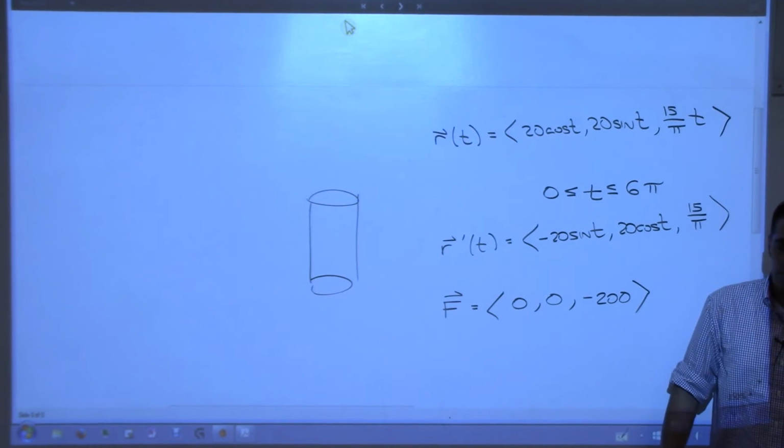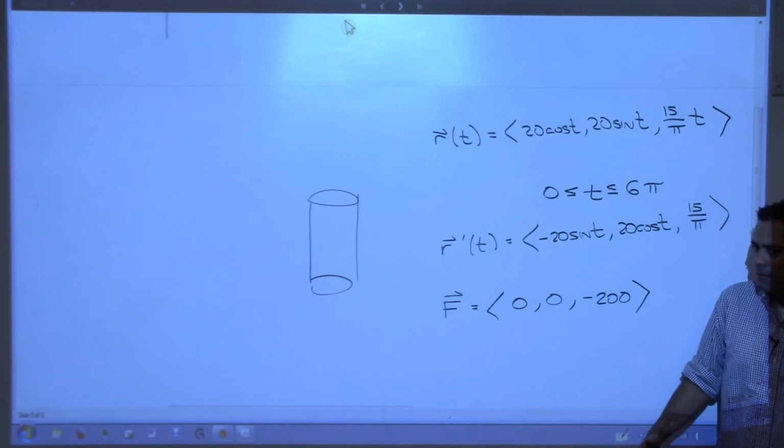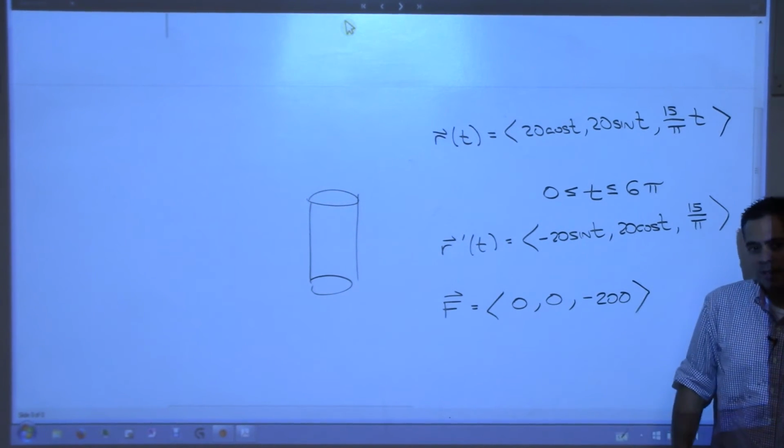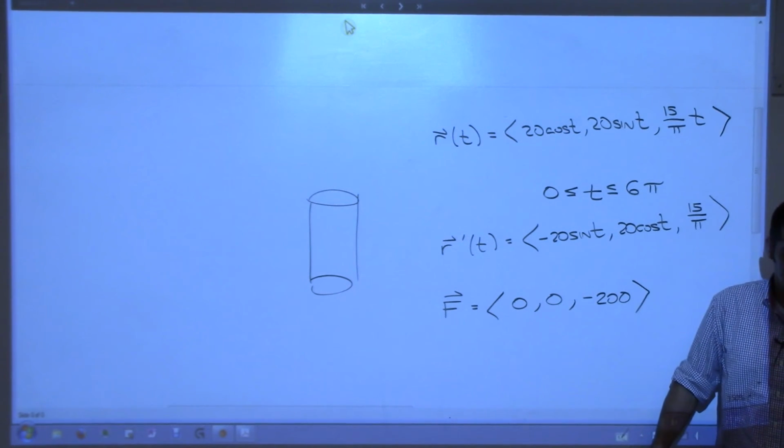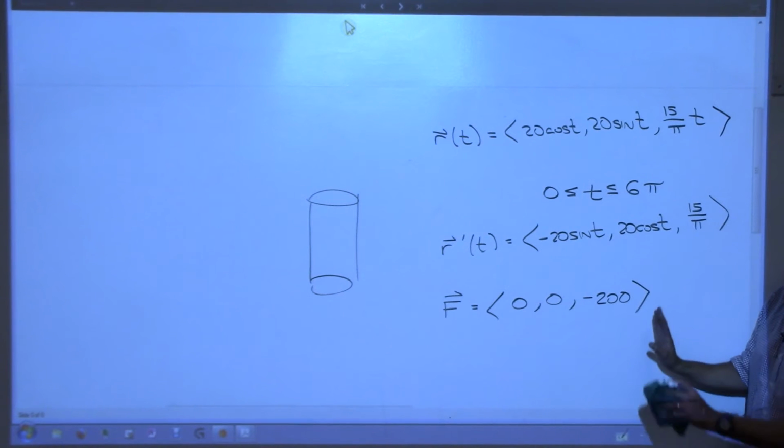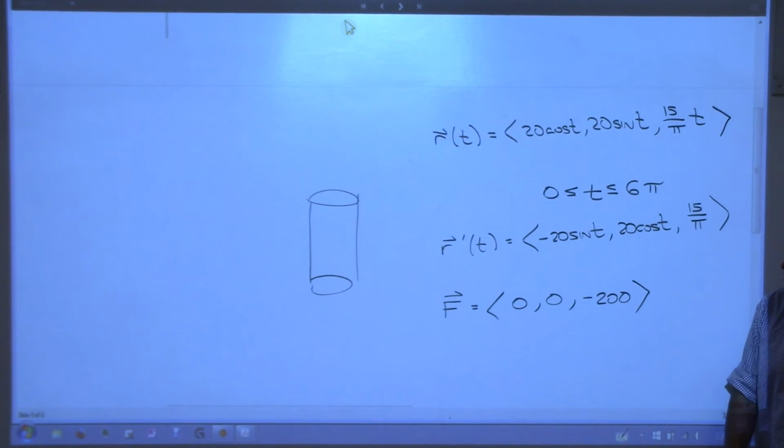Now, we know that in reality, it may not be completely straight down, depending on where you are on Earth, but for this problem, it's good enough. That's a pretty easy field to work with.